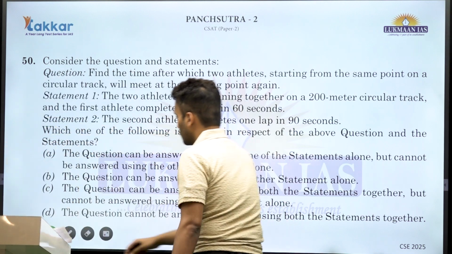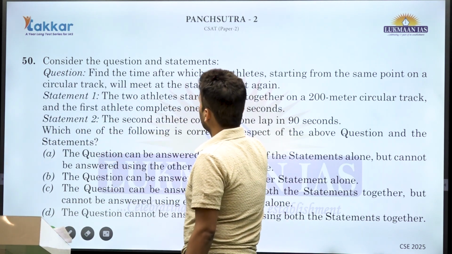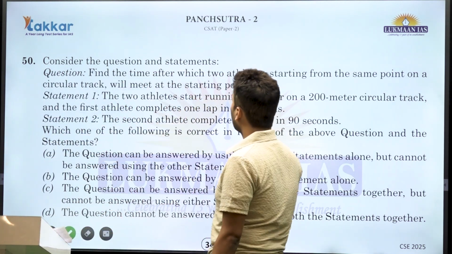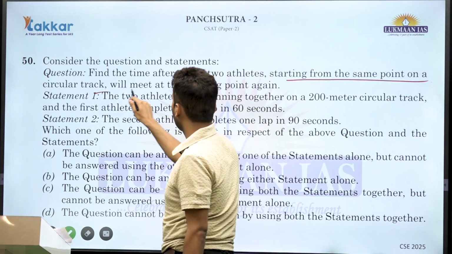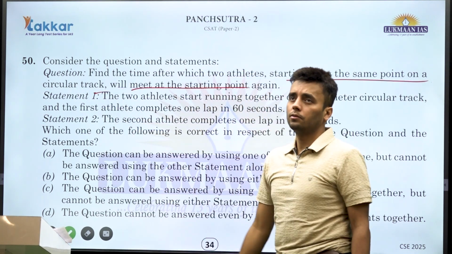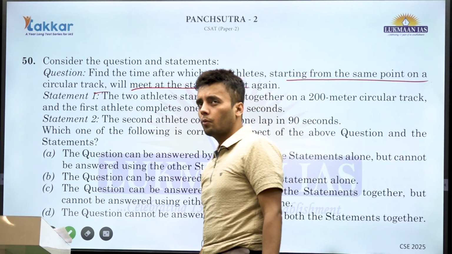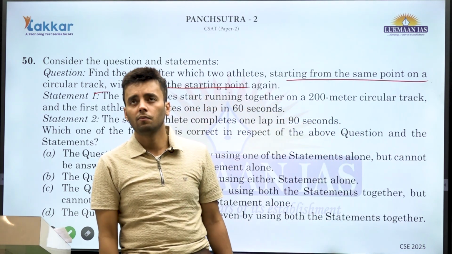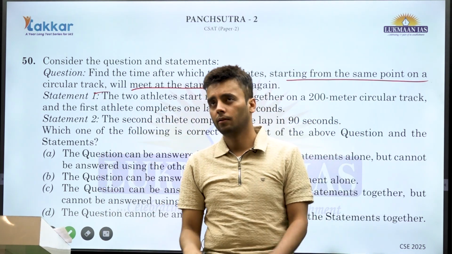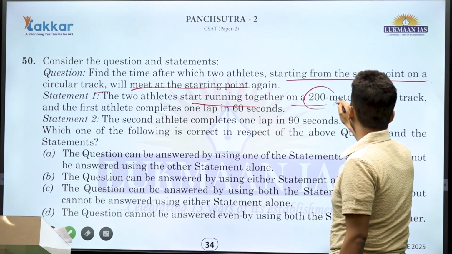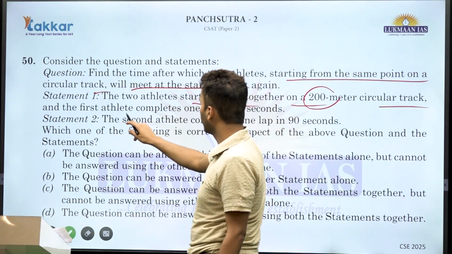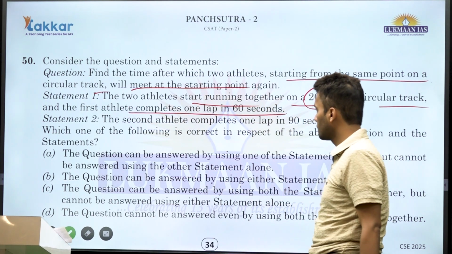Okay, now let's see this question. Find the time after which two athletes starting from the same point on the circular track will meet at the starting point. So, we have solved this type of question. We require the LCM, and the LCM will be the time after which they will meet again. The two athletes start running together on a 200-meter circular track, and the first athlete completes the lap in 60 seconds.